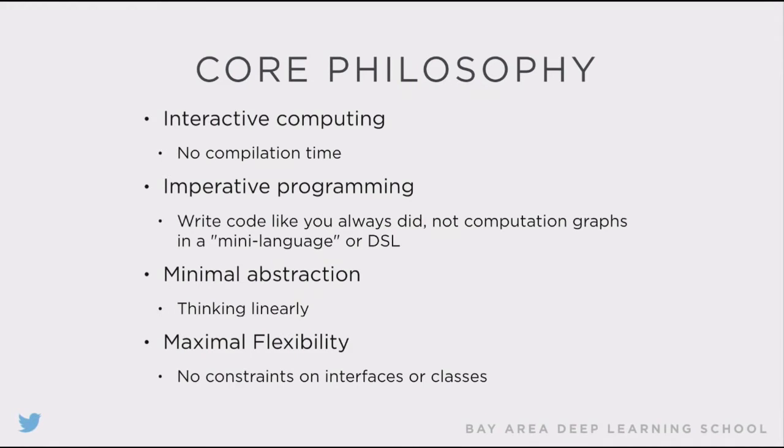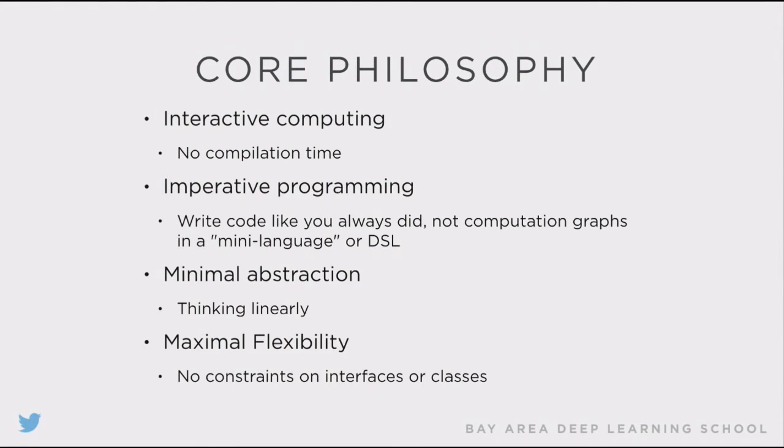And this is something that we've tried to stick to pretty tightly. So no compilation time. Imperative programming, right? So just write your code, and each line of code executes something and passes it to the next line. And minimal abstraction, what I mean by minimal abstraction is if you want to reason about how your code is performing, it shouldn't take you that many jumps to go to the C code that's actually being run.